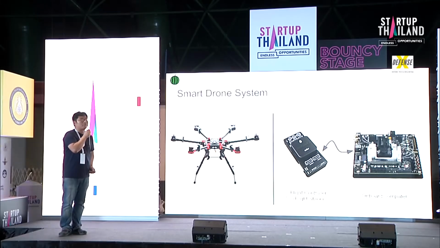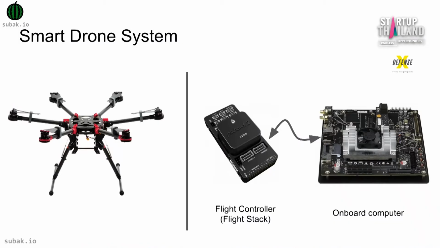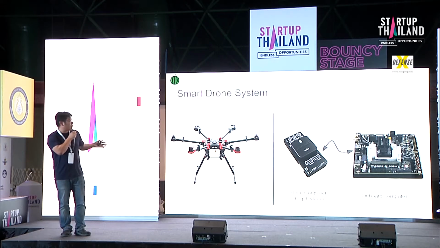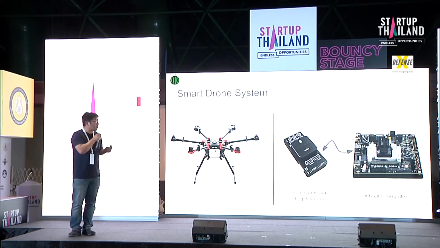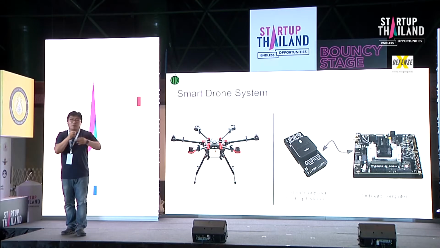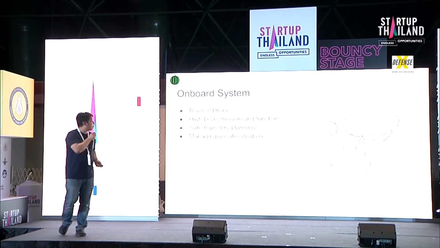Smart drone system consists of many kinds of sensors and cameras, like LiDAR and depth camera and 3D camera, stereo camera, and also flight controller and onboard system. Actually, onboard system is the core part of the smart drone system.